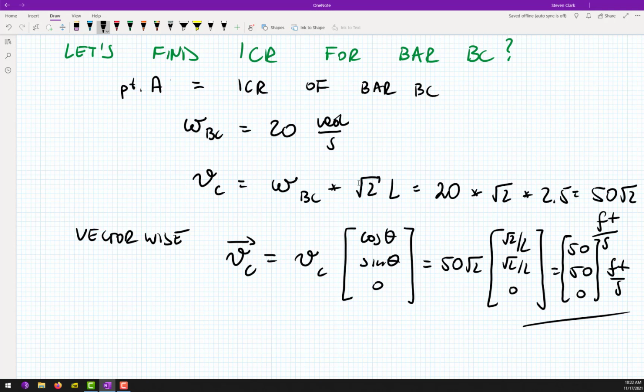Questions? So I actually prefer velocity analysis, because I prefer to program my computer to do all of my calculations for me.